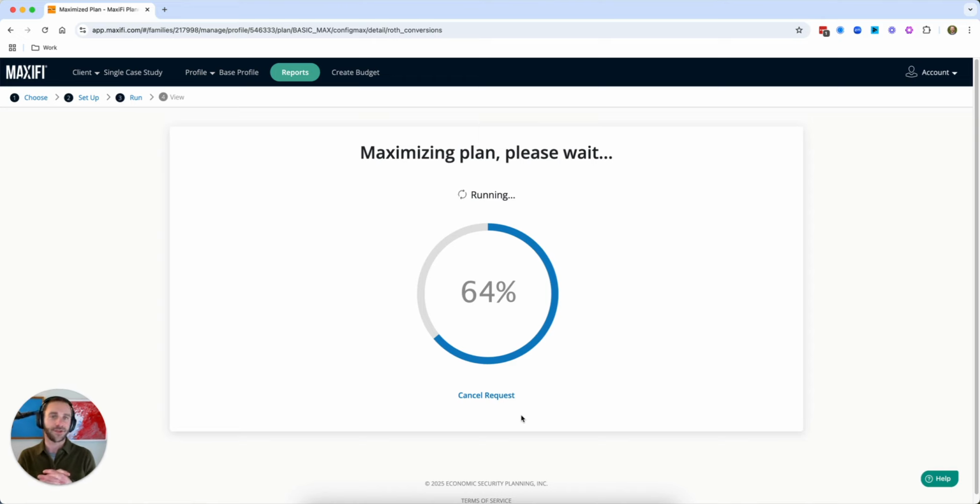While this is running, I just want to talk through Roth Conversion 101. So why in the world would anyone want to do Roth conversions? Because what you're doing is basically paying a whole bunch of taxes now. The idea is that by paying more taxes now, I might be able to reduce my taxes in the future.